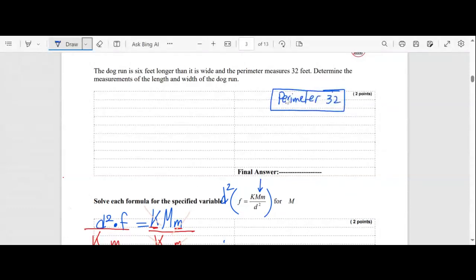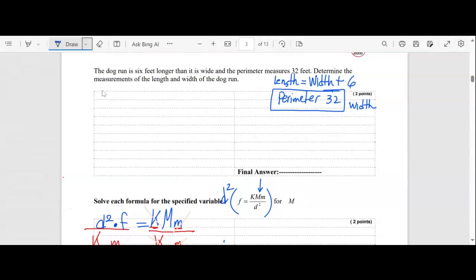And he said the dog run is 6 feet longer than the width. So this side, we call it the length, is the width plus 6 feet longer.